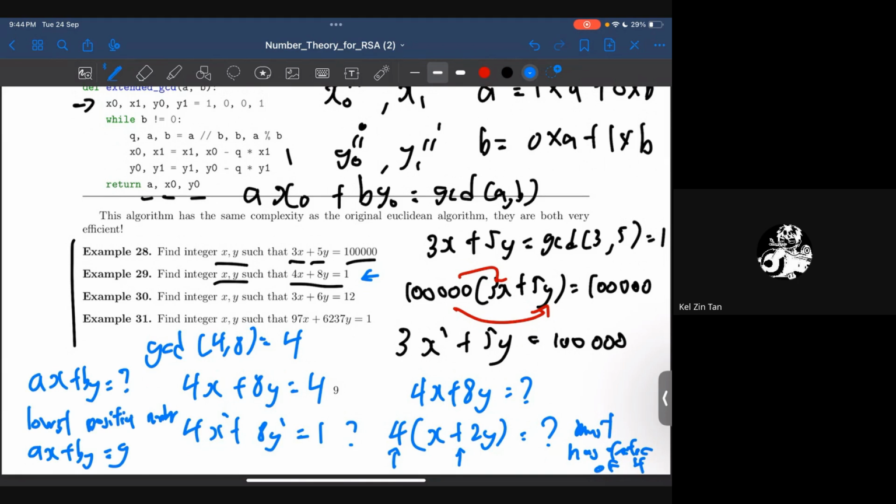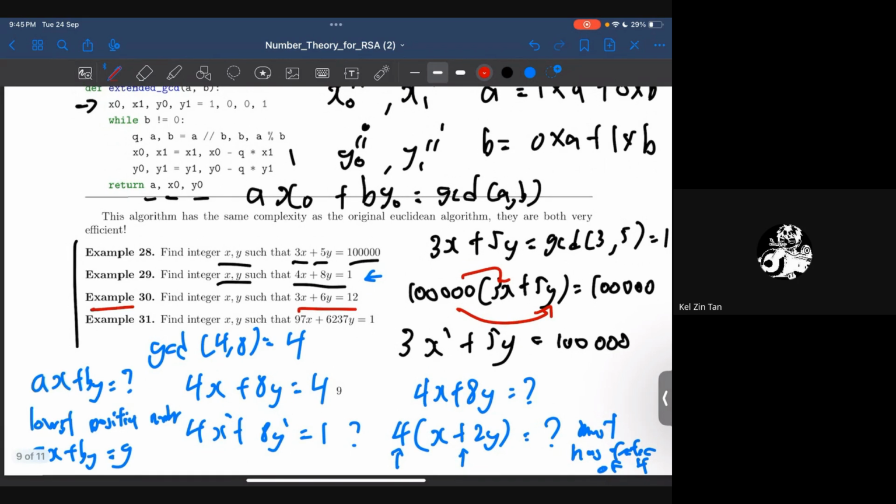And now let's look at the next example. This is basically the same thing: 3x plus 6y, you can find something that's equal to 3. And then 3 multiplied by 4 gives you 12. That is okay. And then the final example, x and y such that this thing holds.